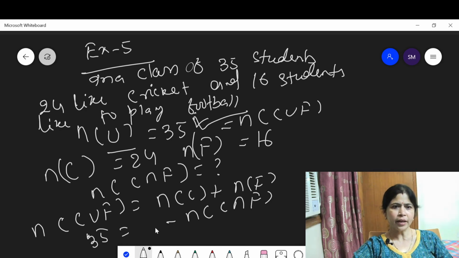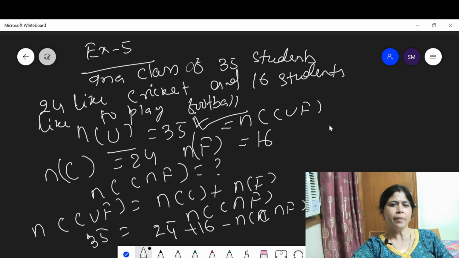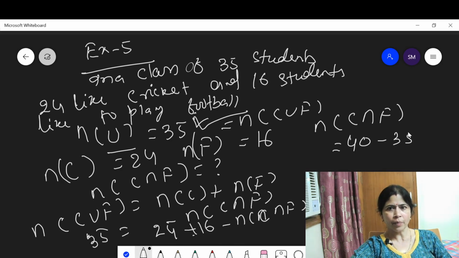Here n of C is equal to 24 and n of F is 16, minus n of C intersection F. Then by solving this, we find the answer that n of C intersection F is equal to 24 plus 16, which is 40, minus 35, is equal to 5. There are 5 students in the class who like both cricket and football.